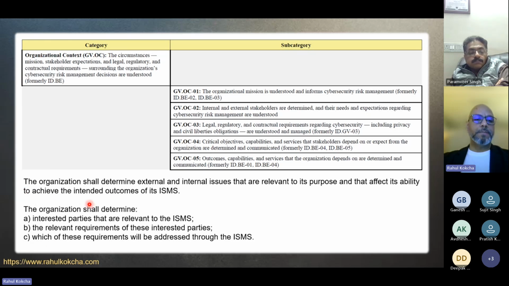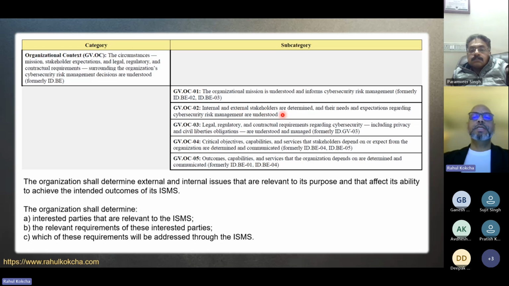Here it also says the organization shall determine internal and external issues, and shall determine interested parties and the relevant requirements of interested parties. So here also, same: internal and external stakeholders, meaning interested parties, are determined and their needs and expectations regarding cybersecurity are understood. Both the 27001 standard and the CSF framework are talking about the same thing in a different way.